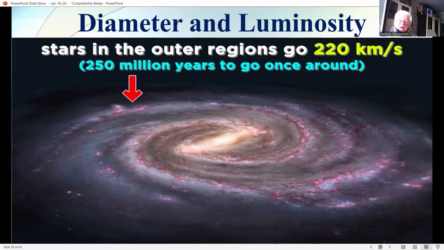Elliptical galaxies cover a wide range of diameter and luminosity. The largest, called giant ellipticals, are 5 times the size of our Milky Way galaxy. But many elliptical galaxies are the very small dwarf ellipticals, which are only 1% the diameter of our galaxy.